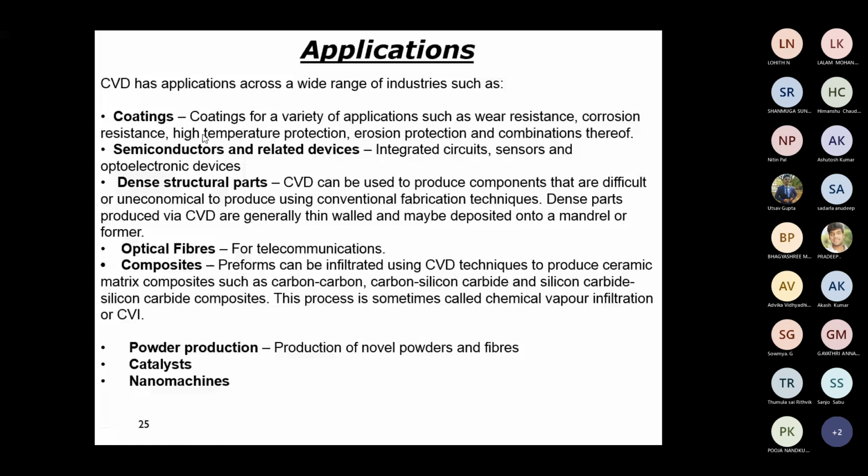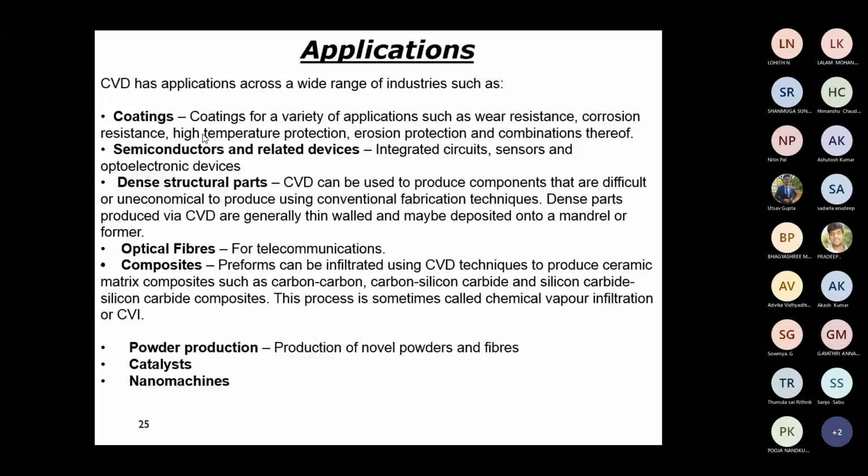So a range of coatings can be covered by different varieties of chemical vapor deposition, dense parts, structural parts. CVD can be used to produce components that are difficult or uneconomical to produce using conventional fabrication techniques.